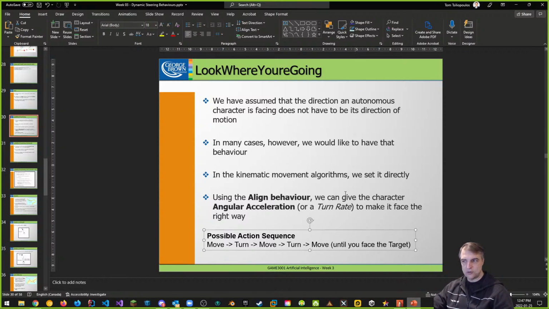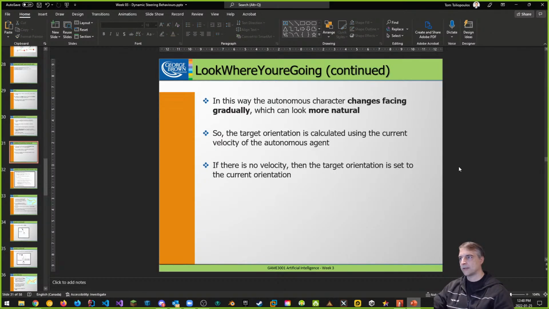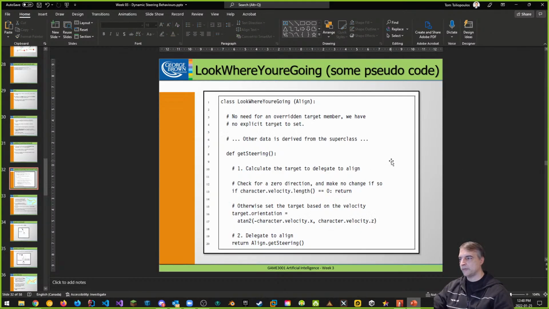You have to play with this number until it looks natural, and we can put the numbers into IMGUI to test out what looks right for our character to move. Okay, so that's look where you're going, and I gave you a bit of an algorithm to look at.